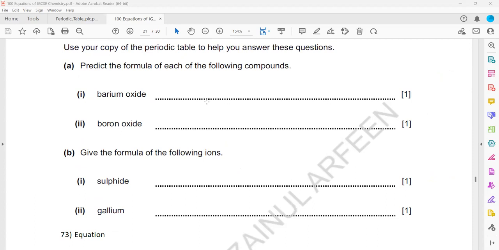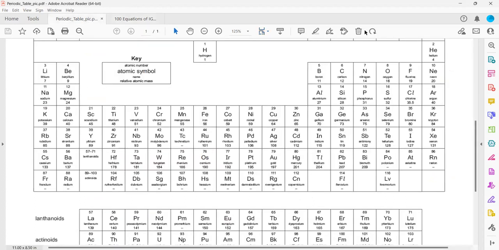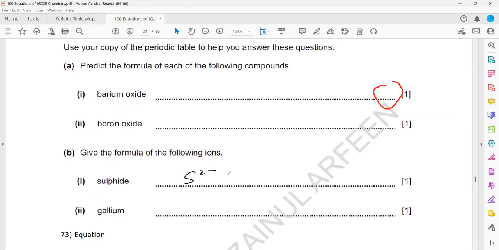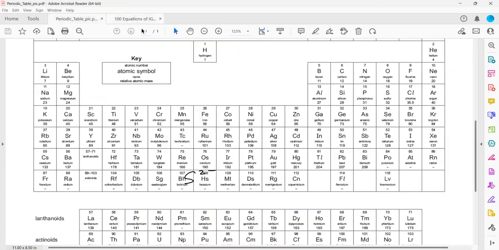Give the formula of the following ions. Sulfide ion. Sulfide ion, not sulfur. So this is sulfur, which belongs to group 6. Because it belongs to group 6, it will take 2 electrons. Gallium ion. You can use a periodic table.